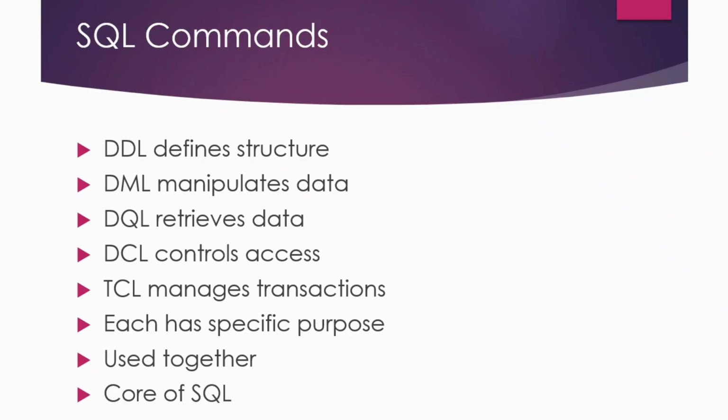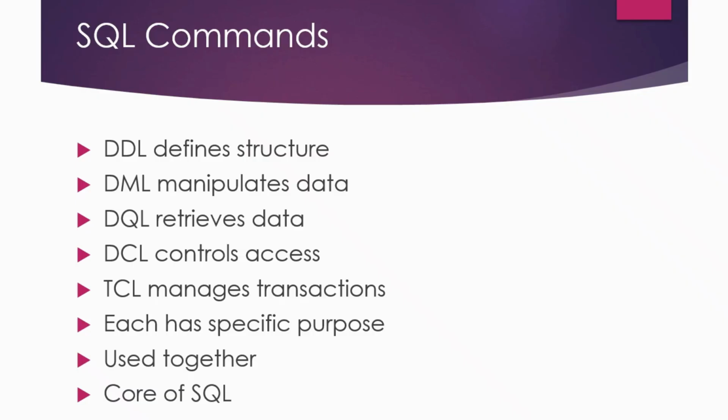What is DDL? DDL is data definition language, which is used to create or modify database objects. For example, the commands create, alter, drop, and truncate are data definition language commands. DML, data manipulation language, is used to insert, update, and delete records. Examples are insert, update, and delete, the commands used in DML.